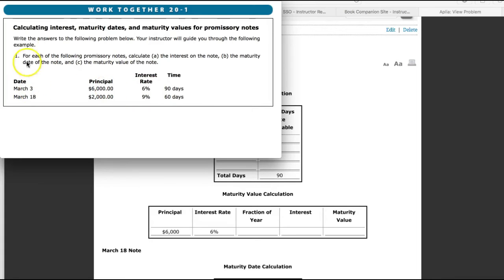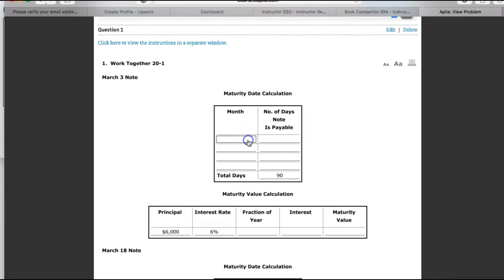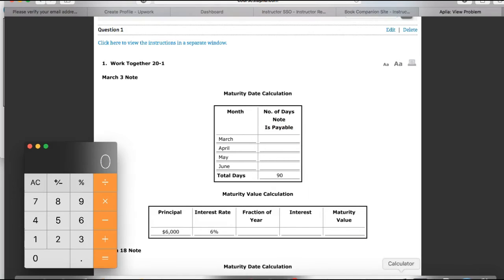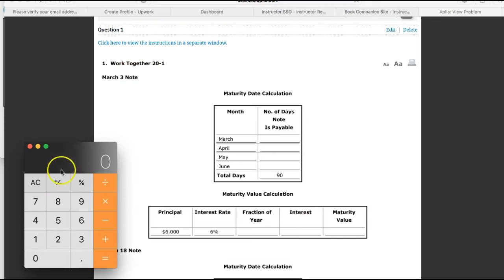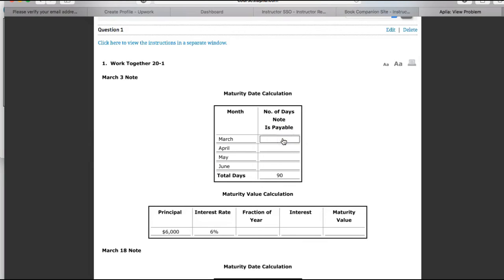And our first date was March 3rd. So we know that we're going to have March, April, May, June. To figure out how many days in March, since we started on the 3rd, we take the number of days in March, which is 31, and subtract 3, and that will give us 28.